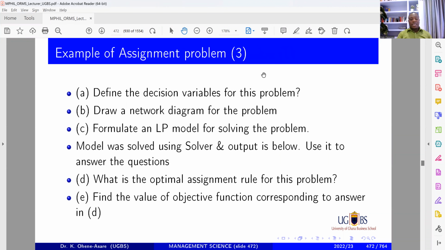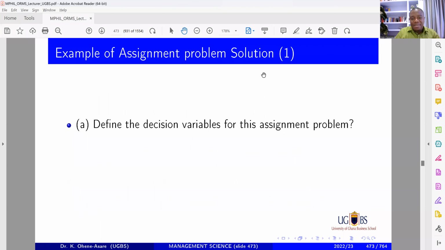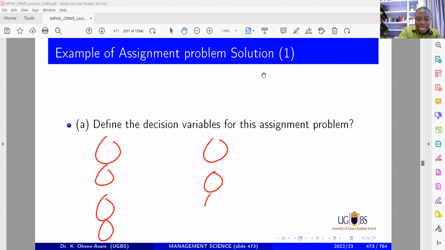Now, how do you draw the network? It's very simple. Remember, you have 4 teams of officials, and you also have 4 towns. So you arrange it so that the 4 nodes each go to the 4 towns.